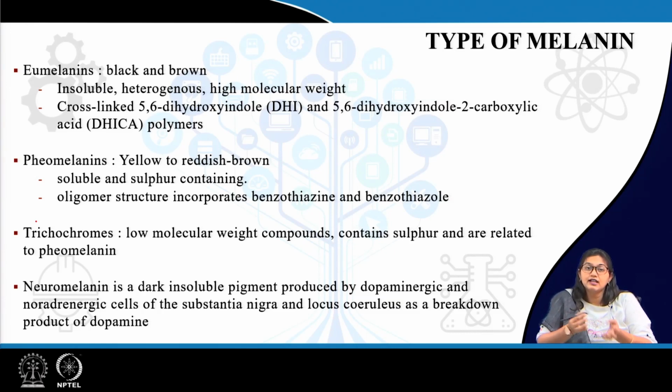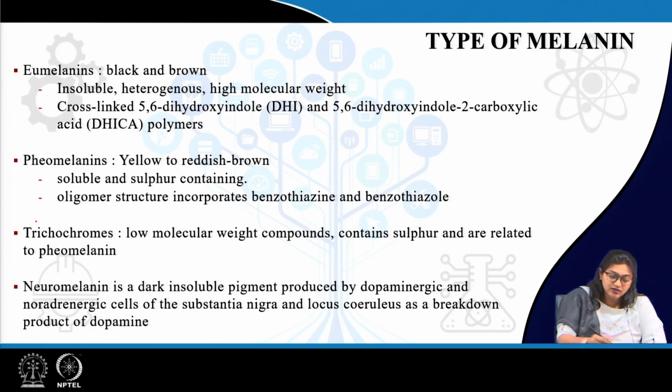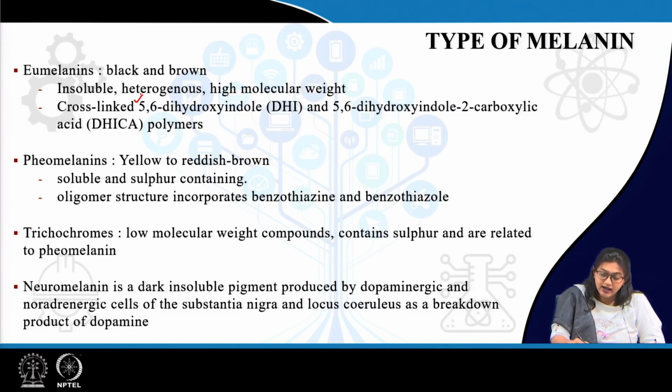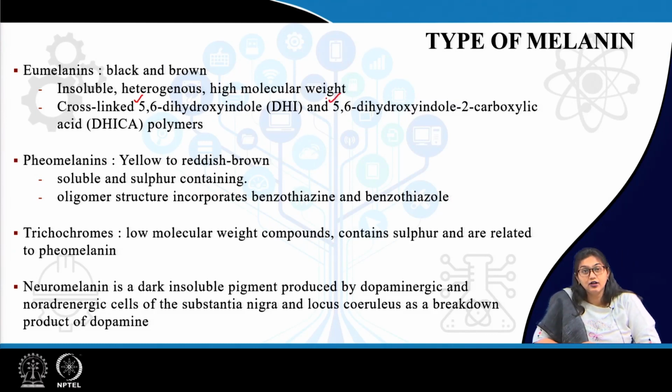Heterogeneous why? Basically this is a cross-linked product of dihydroxyindole and dihydroxyindole carboxylic acid. So, these two compounds are cross-linked to form the heterogeneous polymer of eumelanin.